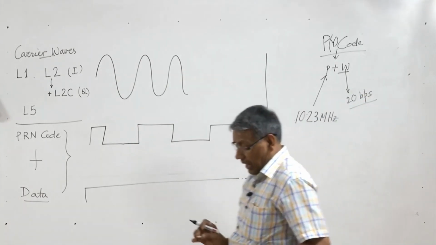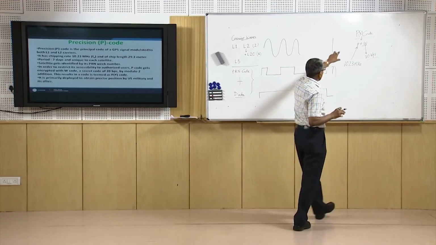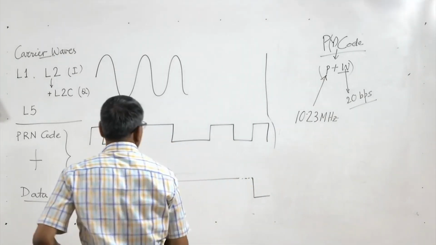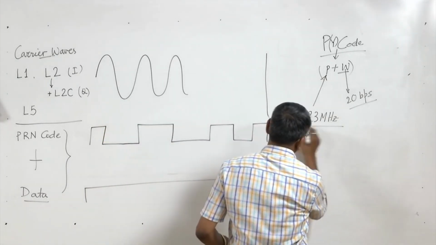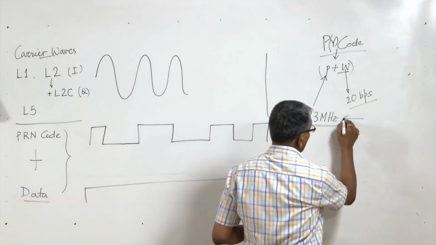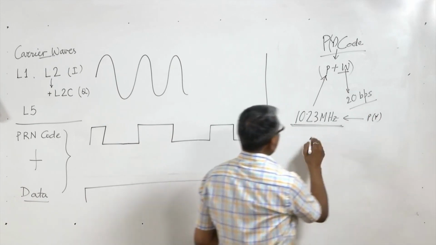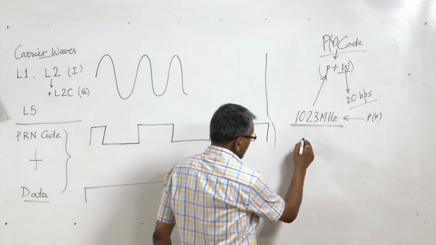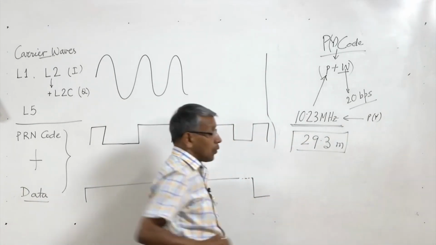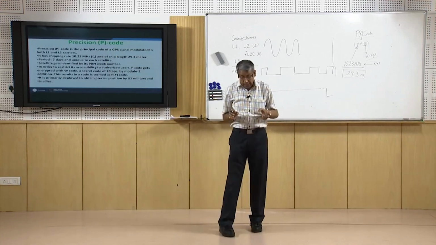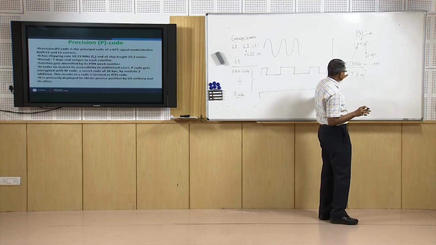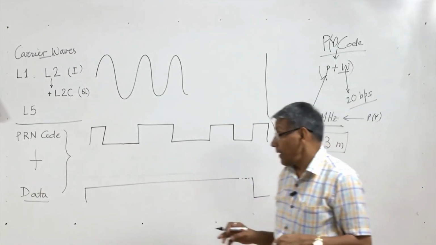So these two will give you the PY code, and this PY code has the chip rate that is available for the P code, and has a chip length of 29.3 meter, that means with the P code only, theoretically we can arrive at an accuracy of 29.3 meter.